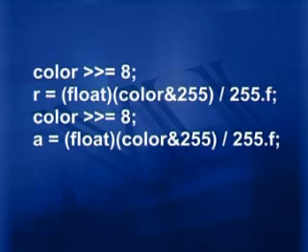R is equal to color ended with 255 divided by 255 float, and we yet again shift the color by 8 bits, and finally accommodate the alpha channel or alpha component, which is color and 255 divided by 255 float.